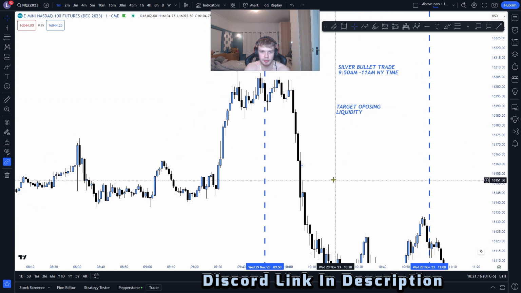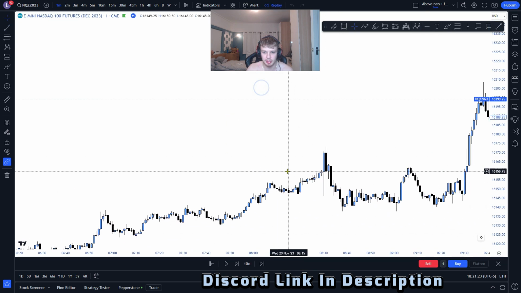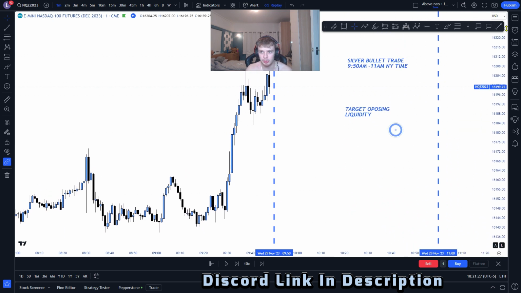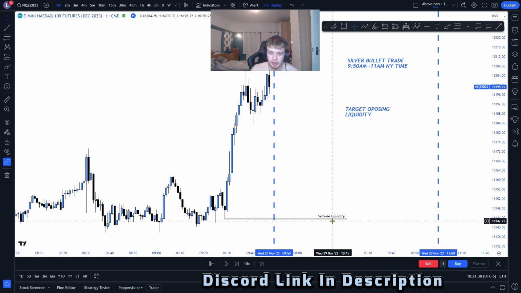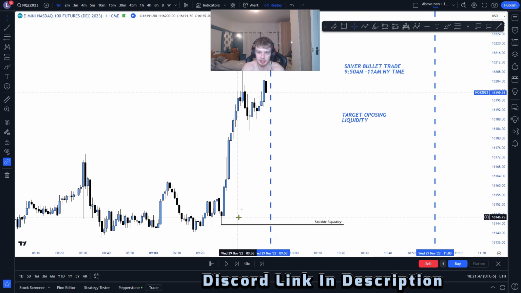So for example, here we are pumping up price. If we're looking at price from this point right here, just when the macro starts, our sell side liquidity would be right here. This would be sell side liquidity because it is a swing low, and all that sell side liquidity means is there are lots of stop losses resting here.